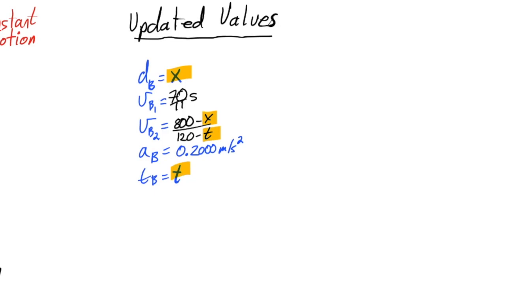What we've done here is focus entirely on trying to get something going on in section B, and we have reduced it down to 2 unknown variables, X and T. Since we are now in the accelerated motion section, I apologize, we now have to focus on the accelerated motion equations.